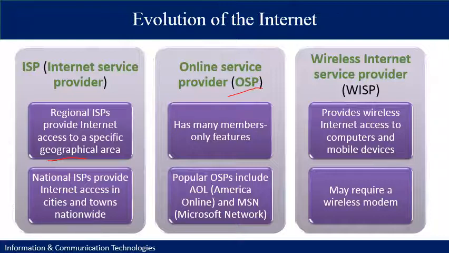So if you are a member of an online community, you can access those online service providers. They are not quite prevalent in third world countries. However, in the advanced countries, you have many online service providers including AOL, America Online, and Microsoft Network, which are available in the advanced countries.